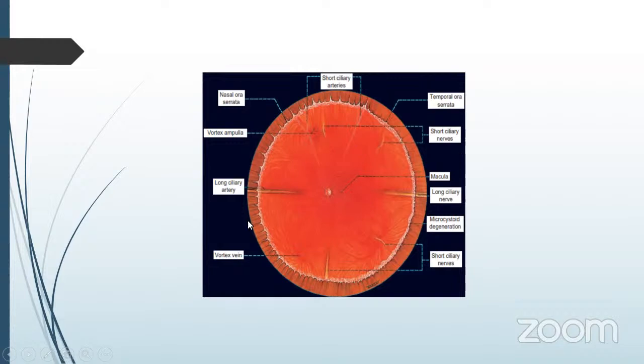These are the 4 vortex veins which give the landmark for the equator, and beyond the equator there is the peripheral retina. Here is the ora serrata region, and these are the dentate processes, more marked nasally as compared to temporally.